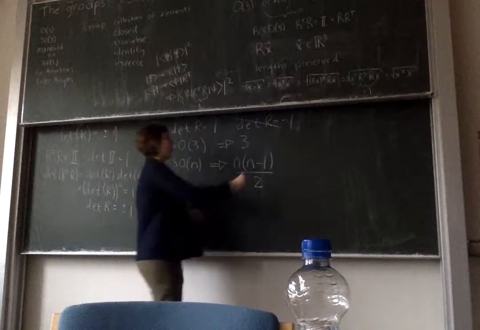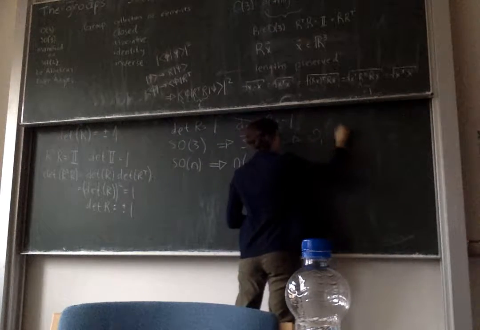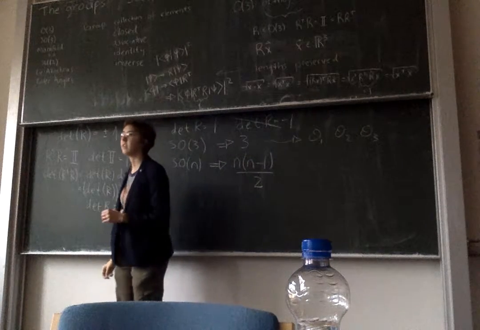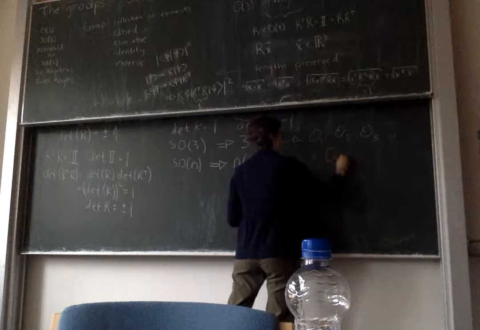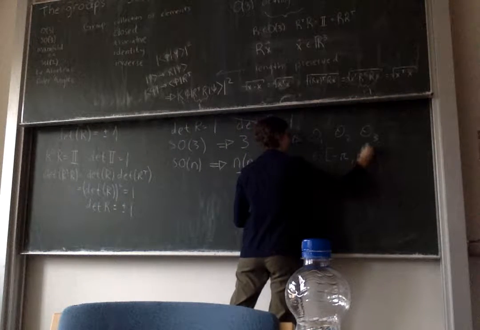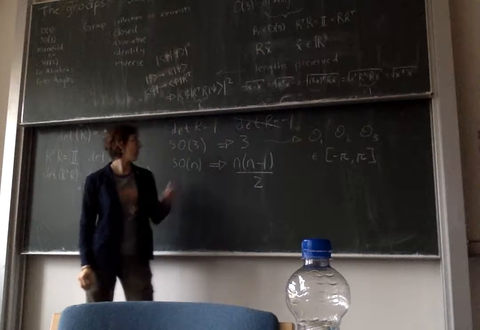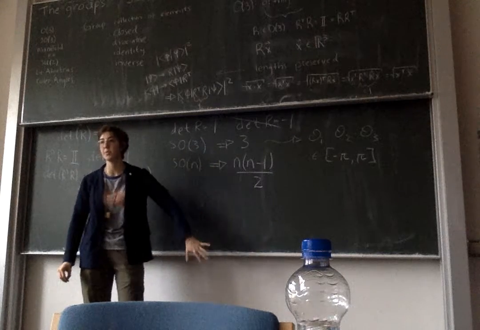These 3 parameters we call theta 1, theta 2, and theta 3. These parameters are defined on negative pi to pi. And SO3 depends on these parameters continuously, so it's a Lie group.